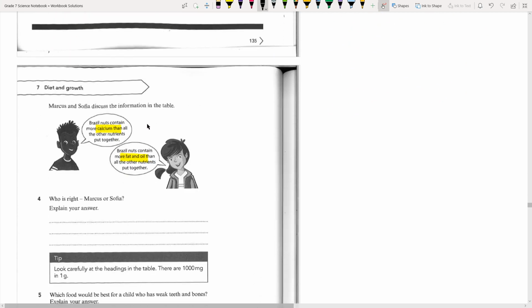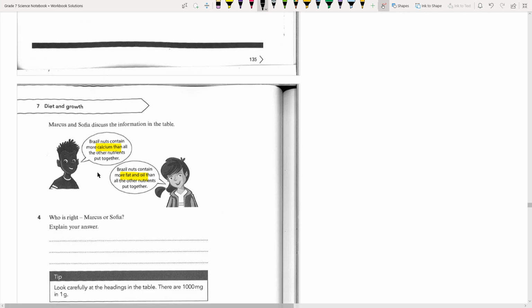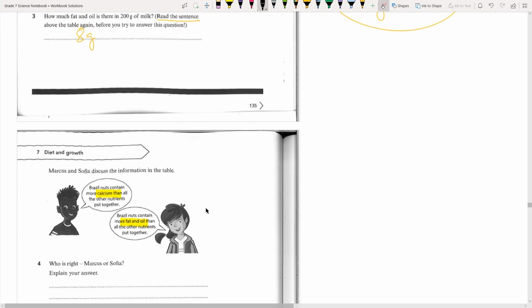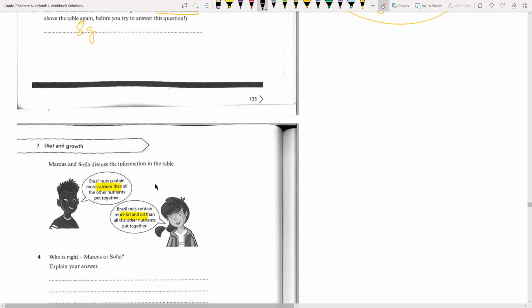Brazilian nut contains more calcium than all other nutrients put together. Now in this case, this is actually a very odd example of what this question is about. Reason being that it turns out that both of them are wrong.